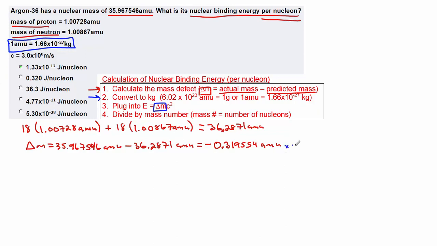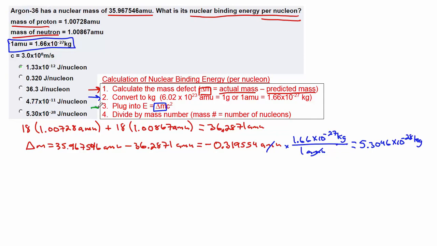We'll take this mass defect, and 1 AMU is the equivalent of 1.66 times 10 to the negative 27 kilograms. So our AMUs are going to cancel, and we're going to come out with 5.3046 times 10 to the negative 28 kilograms. Cool, so that's step number 2 done.